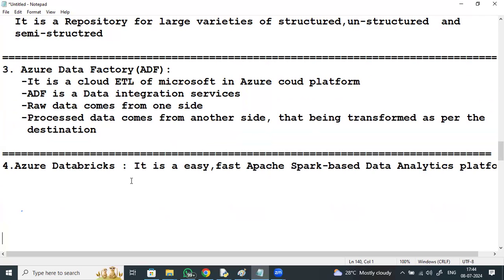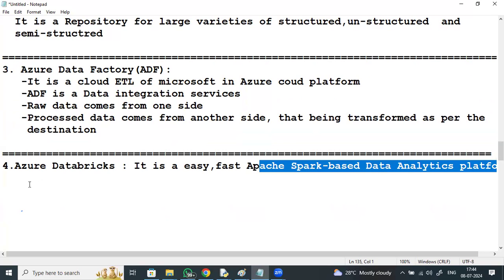It is going to bring data engineering, data science, and business together. It processes the data analytics. So it's a kind of Apache Spark-based data analytics platform.